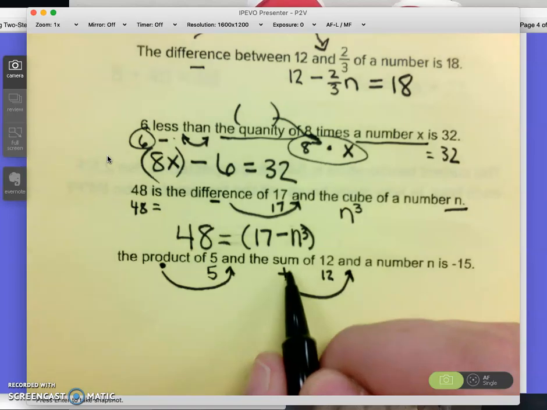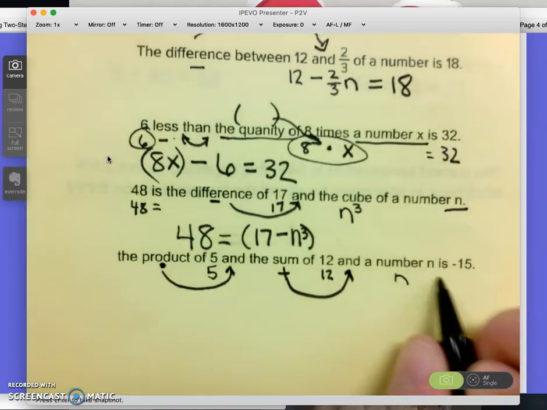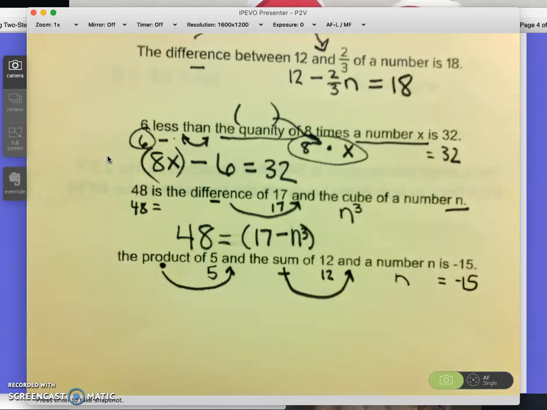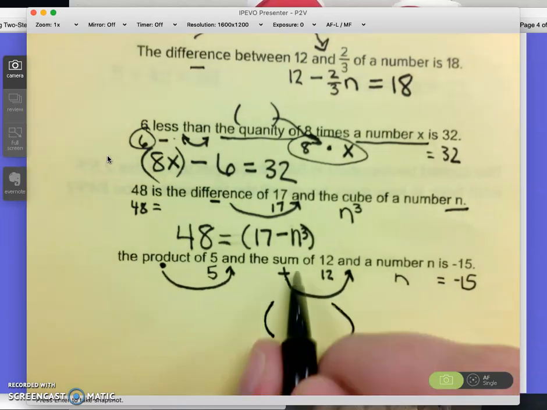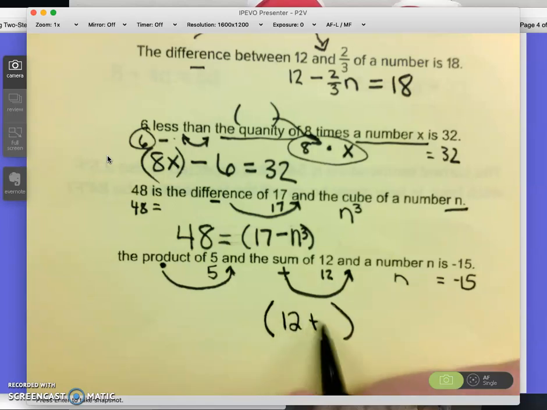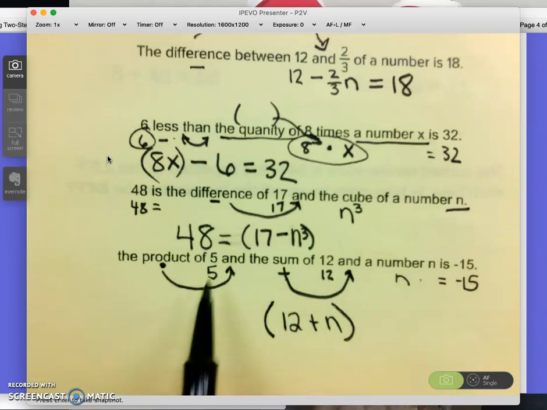This is a plus sign going into, and the number n is negative 15. So when I have a product and I'm multiplying by the sum of a number, I need parentheses. So the parentheses are going to be 12 and a number. So I'm going to do this one part first, and I'm multiplying it by 5.